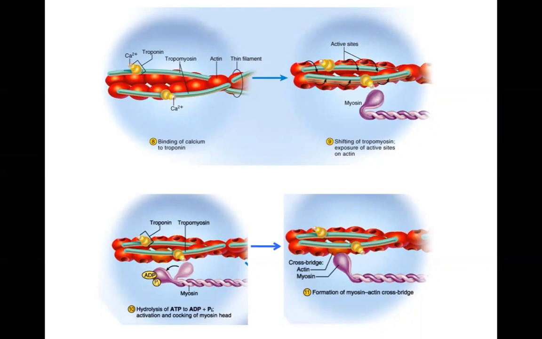And they can't grab and pull on the actin until they are in extended position, like they are down here in step number 10, which requires the hydrolysis of ATP to ADP and Pi, which activates it, and I said earlier we use the term cocked or cocking it into its extended position.